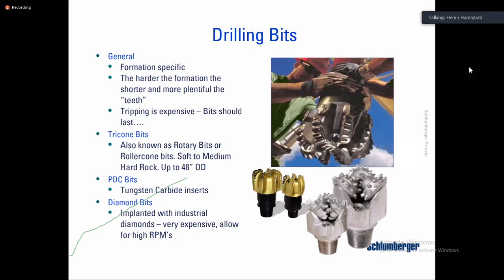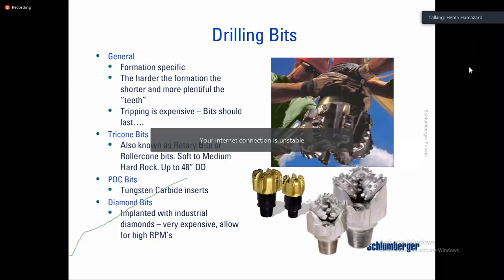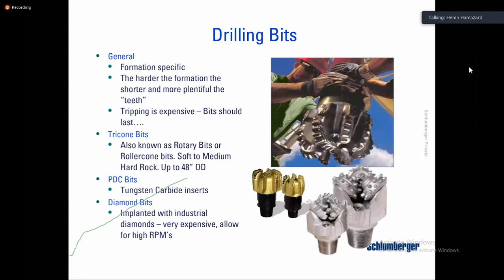In any exploration well, you don't have much information about the geological formation, what kind of issues you are going to face. But based on the previous performance of each bit and each manufacturer, you select your best bit.